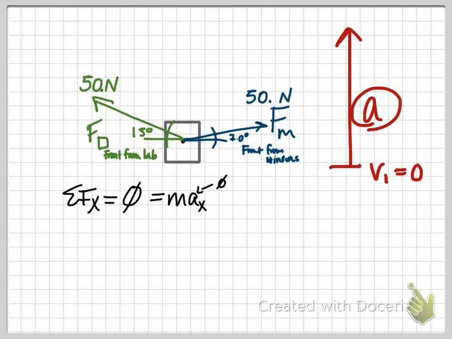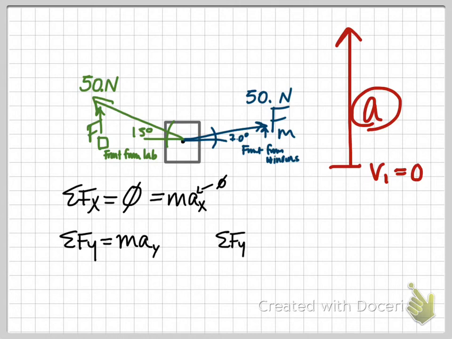So we can kind of set our x-axis aside because the action is on the y. And we've got a force of Brandon, or force of Morgan and a force of Duncan on the y-axis. So sum of forces on the y-axis, well, is it equal to MA? Yeah. On the y.